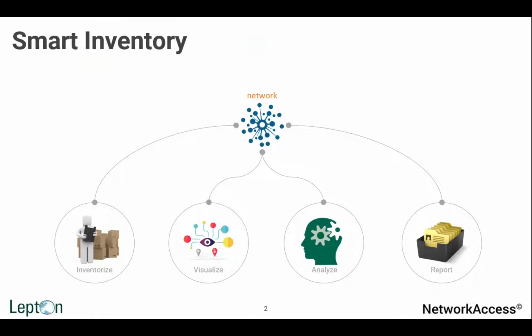Of course, once you have the inventory, you want to visualize them typically on a map base to understand the geographic context of how the network is connecting right from the exchange to the customer end, and what are the relationships that make up the whole network and dependencies, things like that.